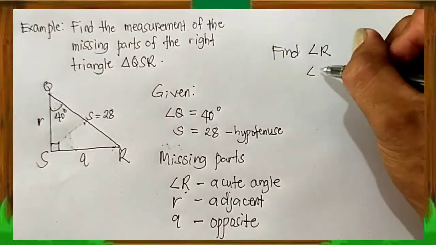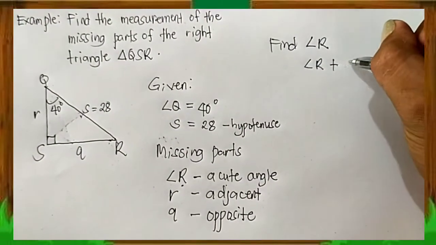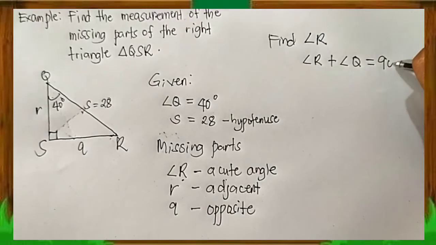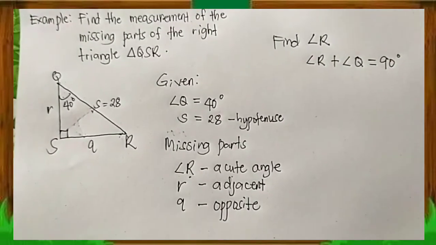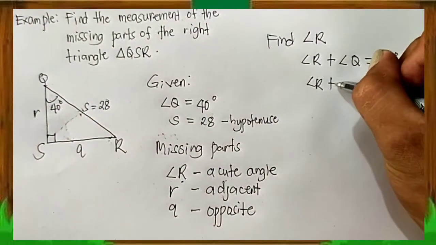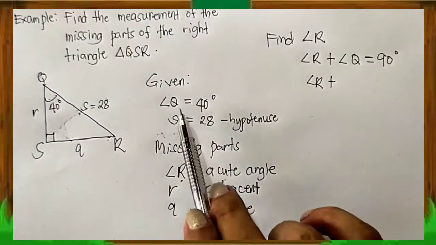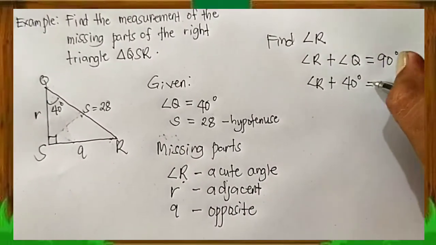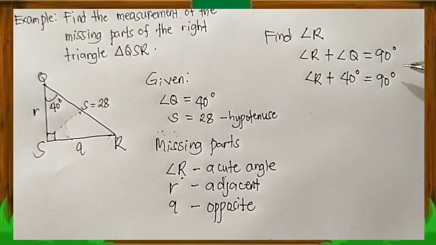So angle R plus angle Q is equal to 90 degrees. Angle R plus angle Q, which is 40 degrees, is equal to 90 degrees.